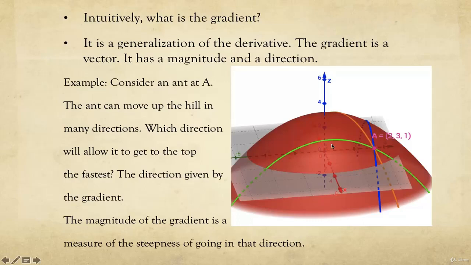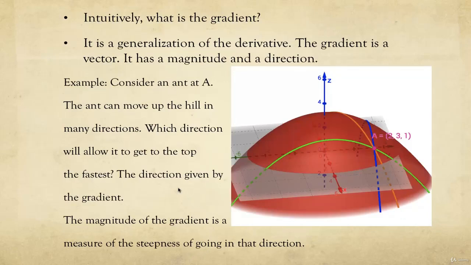So the question here is, which direction will allow the ant to get to the top the fastest? Suppose it wants to get to the top of this hill as quickly as possible. What direction should it go? Amazingly, it turns out that the direction given by the gradient is the direction that will get the ant to the top of the hill the quickest.